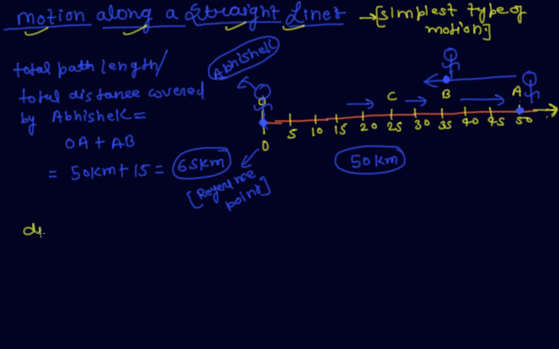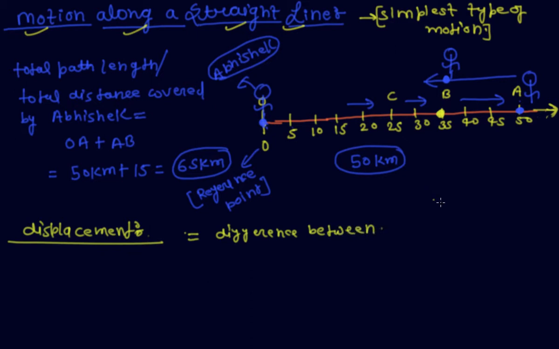Displacement means the distance of the point B from the initial point O. So if I find the difference between point B and O, displacement is equal to the difference between point O and B. This is equal to 35 kilometer.